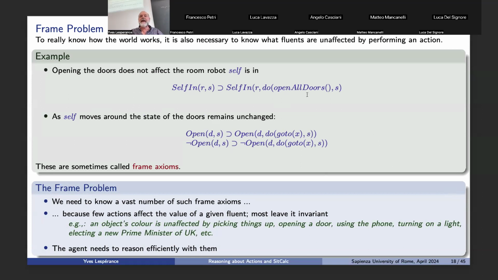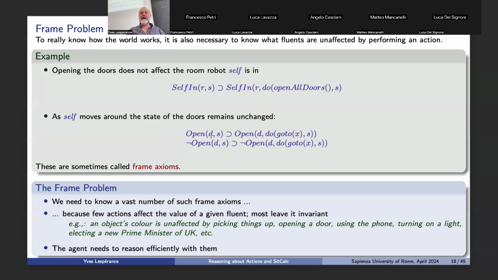Okay, so here we have some examples of statements that say that something is not affected. When I open all the doors, if the robot is in room R beforehand, he's still in room R afterwards. So this is saying that the room that the agent is in does not change when you're opening all the doors.